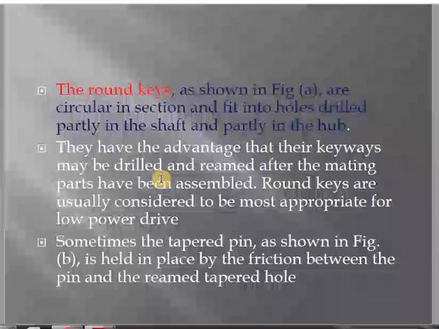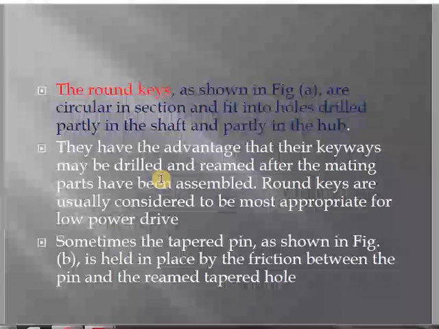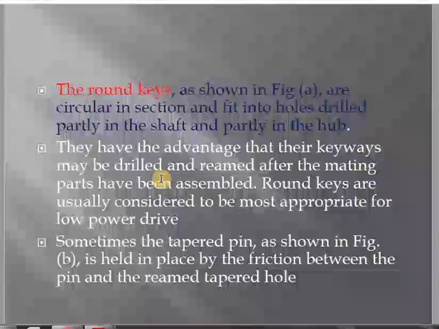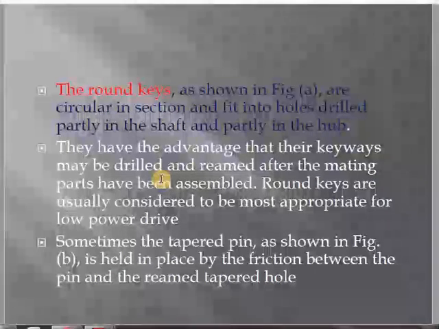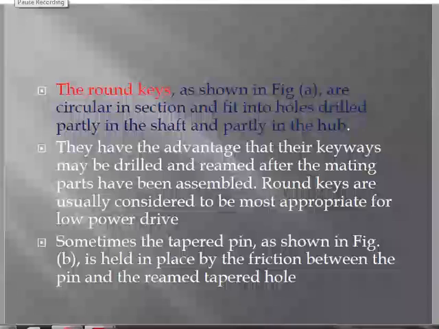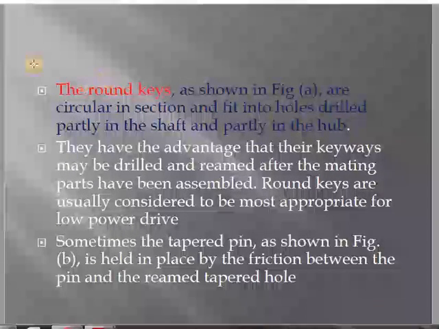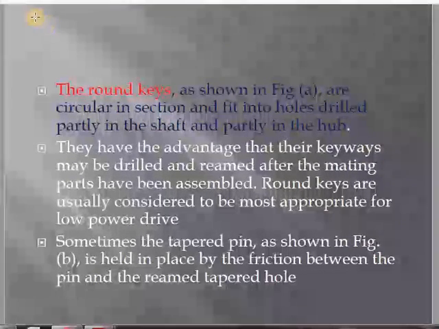Round keys are usually considered to be the most appropriate for low power drives, and sometimes a tapered pin, as shown in the figure, is held in place by the friction between the pin and the reamed tapered holes. So what we have to remember is that round keys are used for low power drives, and they are the most appropriate for these kinds of drives.